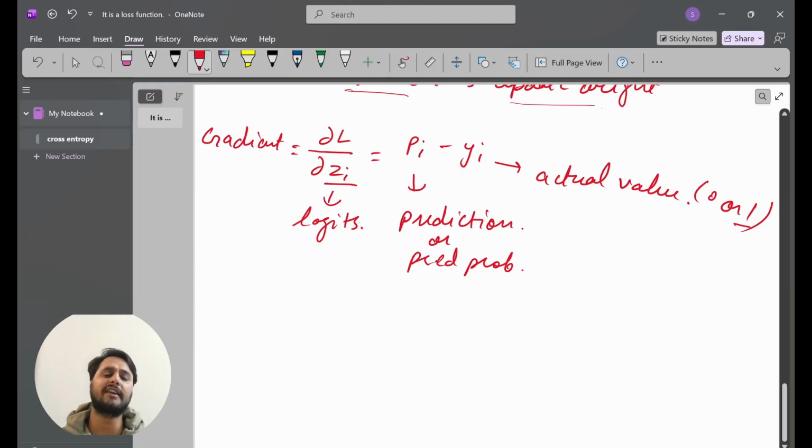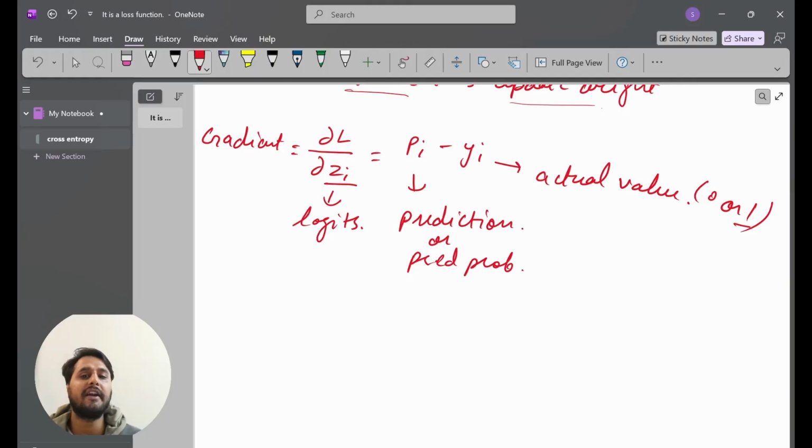What exactly is the gradient doing? The gradient tells us the direction in which the weights should be updated so that our loss will decrease. Let's take an example again.